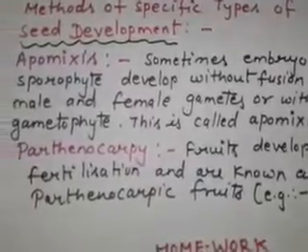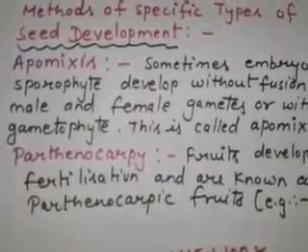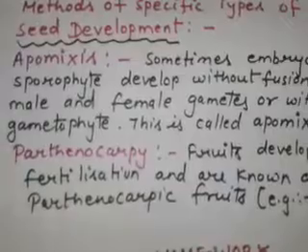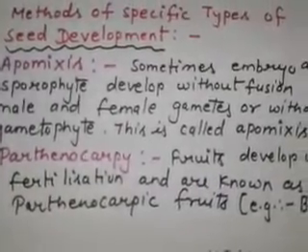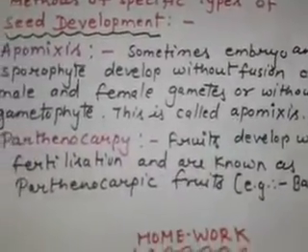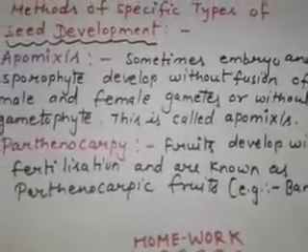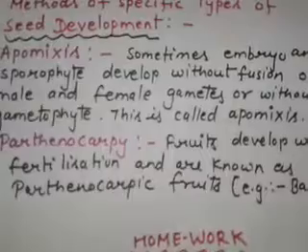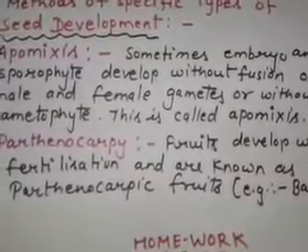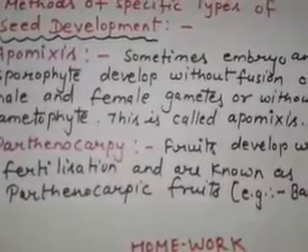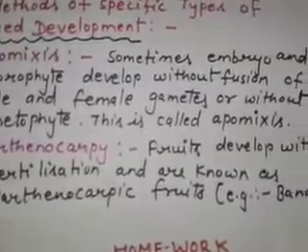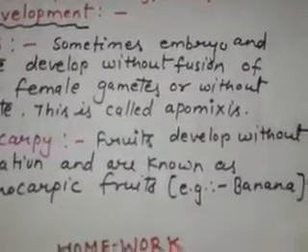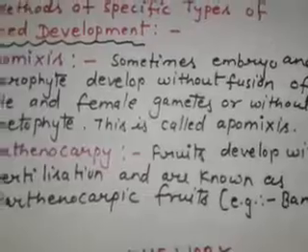That means there is no fusion of the male and female gamete. Next is parthenocarpy. Fruit develops without fertilization. These are known as parthenocarpic fruits, just like banana. So this is the end of chapter 2.